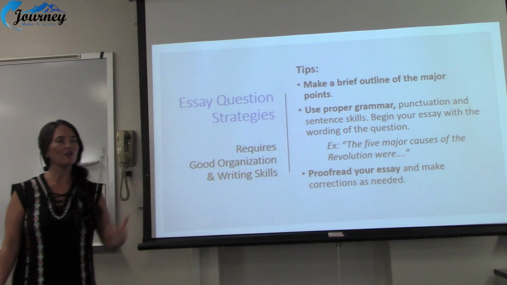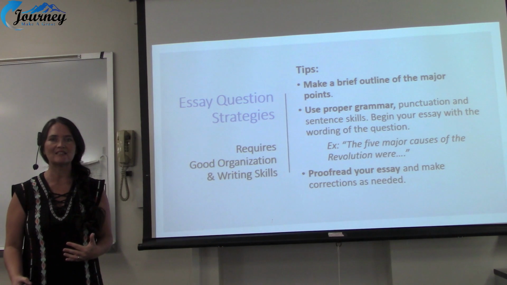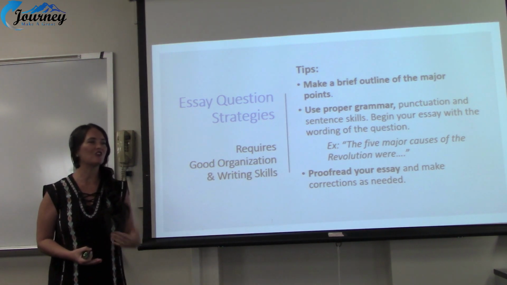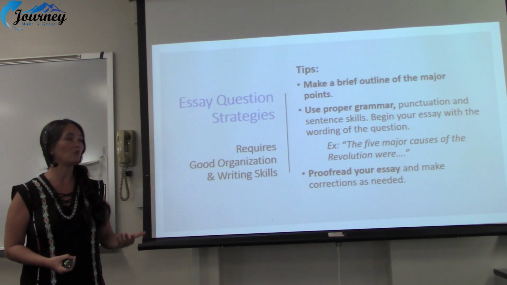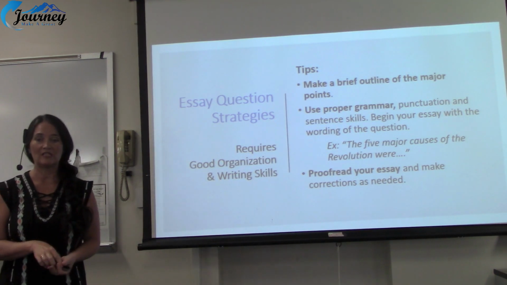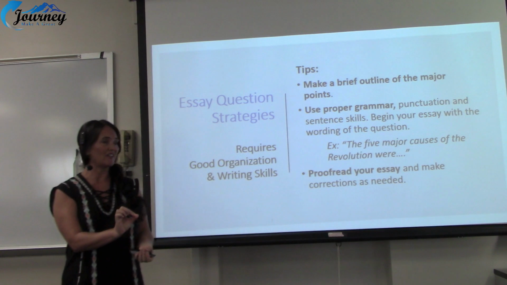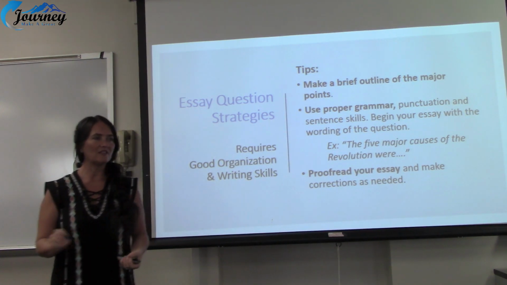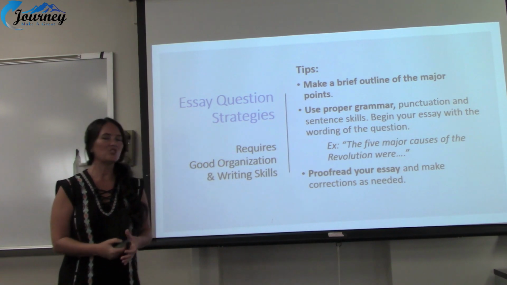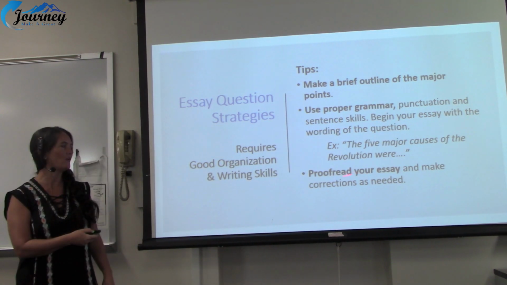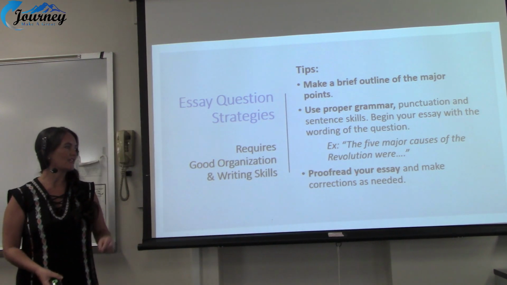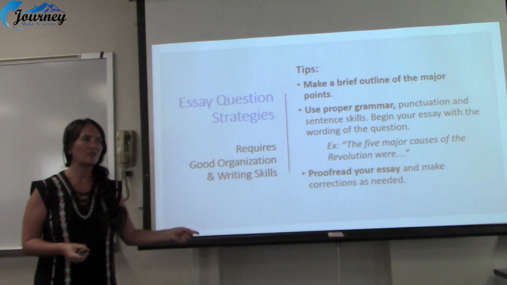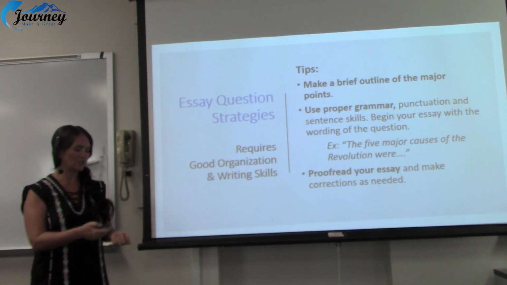Then your beginning, lead-in sentence would say, the 5 major causes of the revolution were. When you've written your last sentence on the essay and you've put your period and you think you're done, you're not done. What should you do? Proofread. Go back through your essay and make corrections, spelling, grammar. You might remember something else, oh yeah, I need to put that in there. Make the corrections as needed.